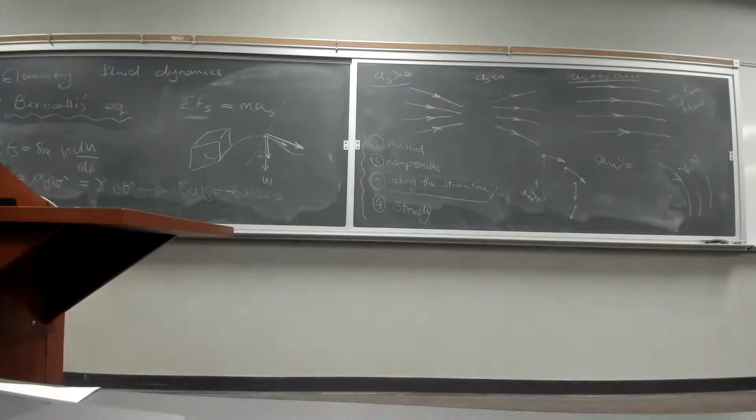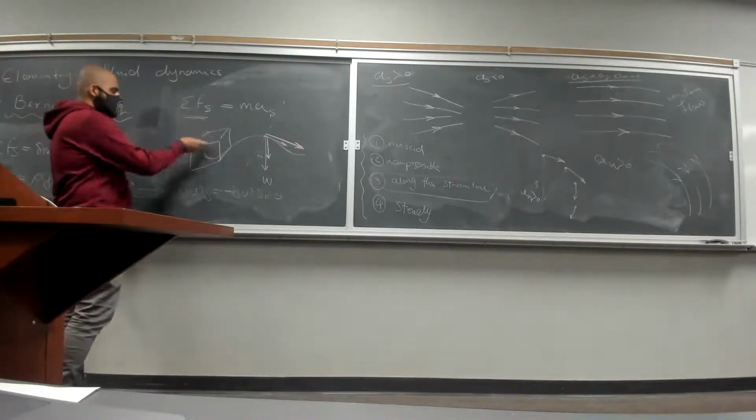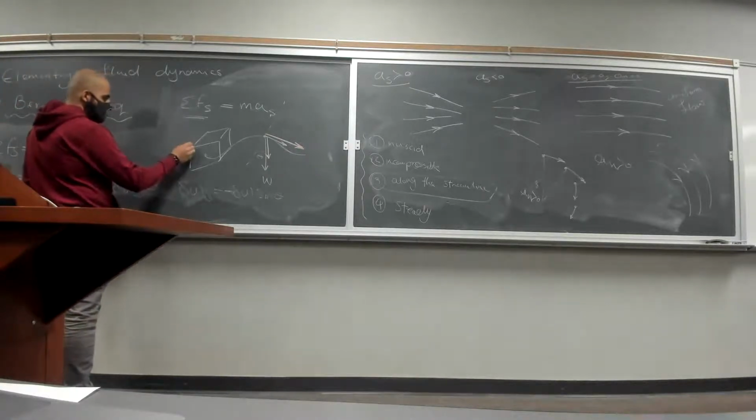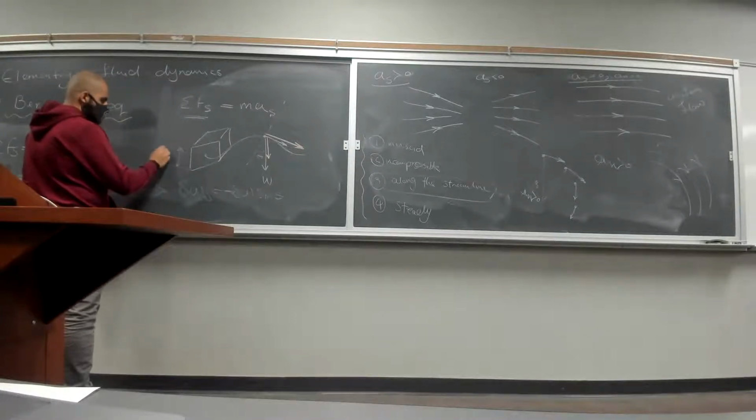What about the pressure force? Pressure force is going to be the pressure difference between these two locations, the top surface and the bottom surface, multiplied by your area. Well, how can we calculate that? The pressure difference between these two locations is going to be delta P. Just divide this delta P by delta S and multiply it by delta S over 2, but I don't want to go into that detail that much.